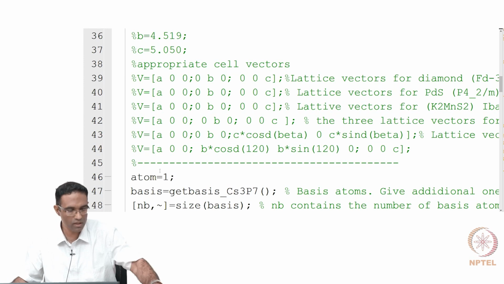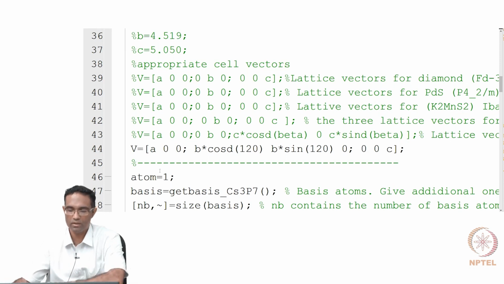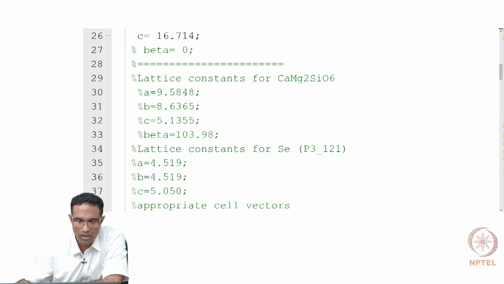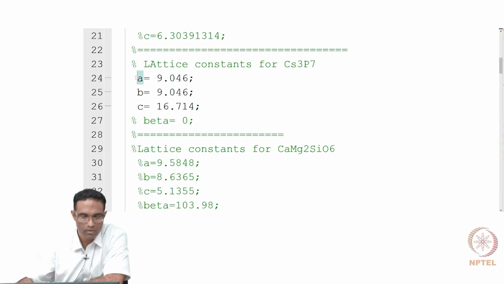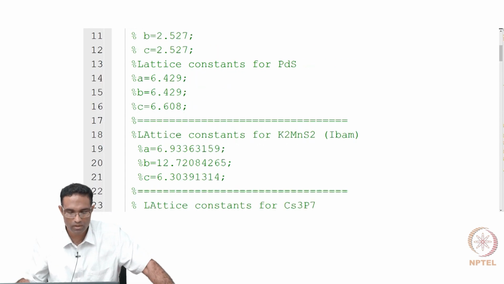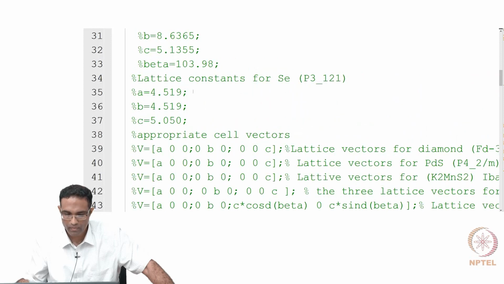So these are the lattice vectors: A, 0, 0; B cos 120, B sin 120, 0; and 0, 0, C, which is basically my C vector. I am going to comment them and look for my selenium entry right here. These are the lattice constants.